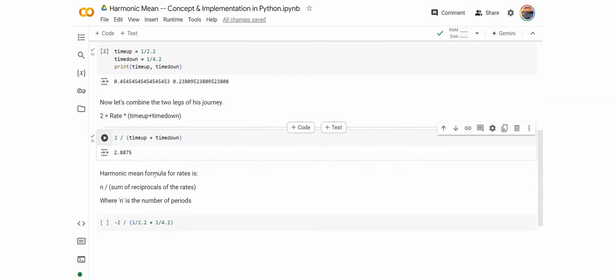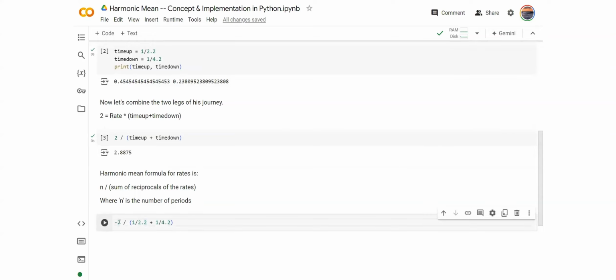If you just want to know the formula for harmonic mean, which is very handy to know because it'll work even if you have more elements going on, and it would be more painful to break them down with lots of separate equations as done above, it's just going to be n, where n is the number of periods, divided by the sum of the reciprocals of whatever rates are involved.